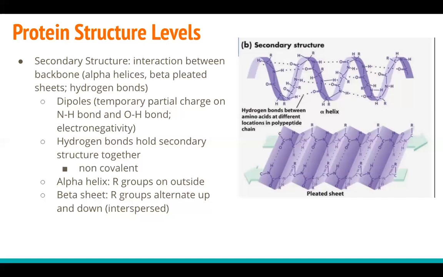One of the factors that can denature a protein is heat. If you have a lot of heat acting on a protein, that can cause the weaker bonds to wither away.